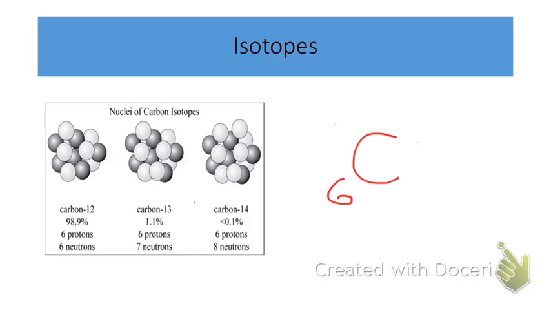And then up in the upper left-hand corner is the mass number, 12, like so. And we can do that for carbon-13, 6 and 13, and carbon-14 would be 6 and 14, just like so. All right, so that's how we use the symbol and represent these isotopes symbolically as well as by their names.